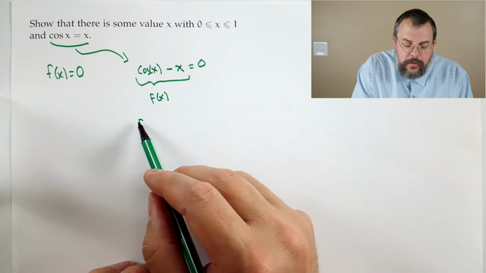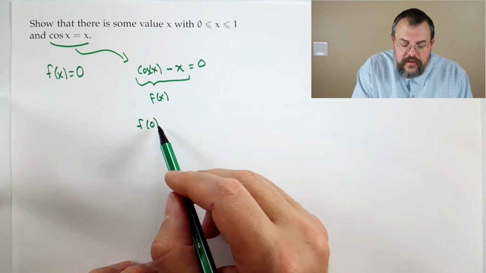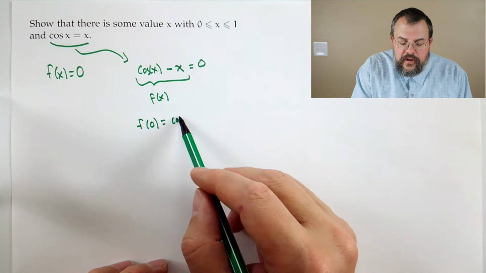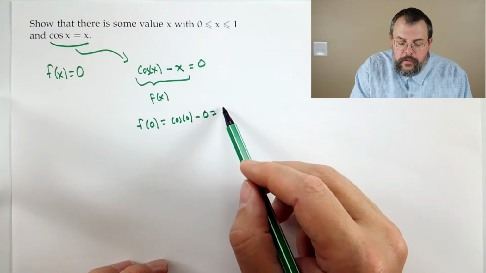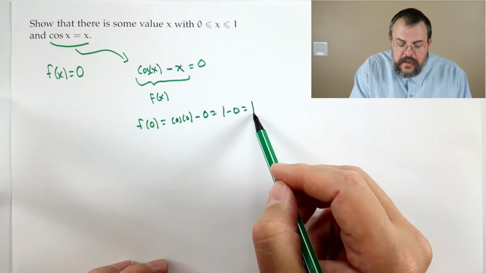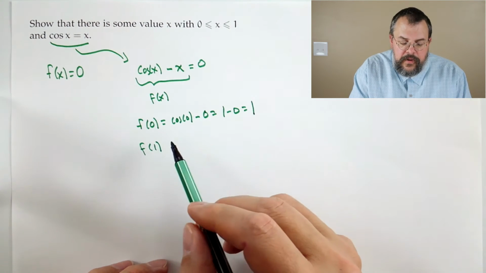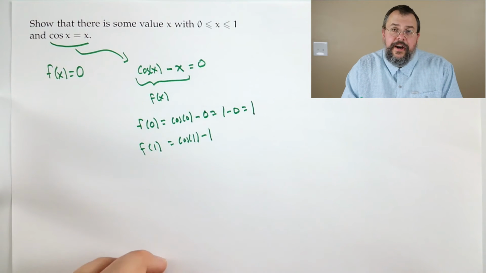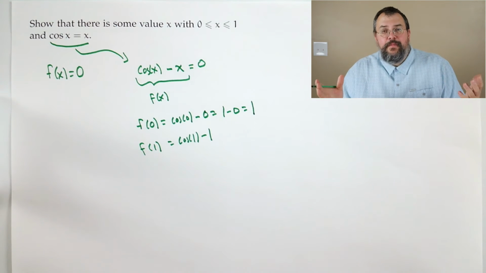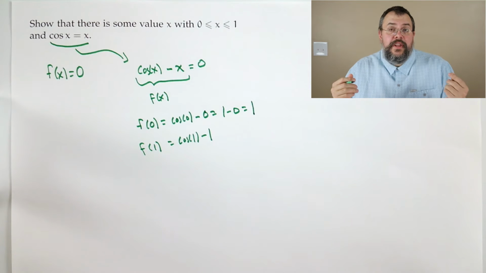So now we do what we always do. We plug things in. F of 0 is cosine of 0 minus 0, which is 1 minus 0, which is 1. F of 1 is cosine of 1 minus 1. Now, cosine of 1 is not a nice number, but the important thing for us is it's below 1.